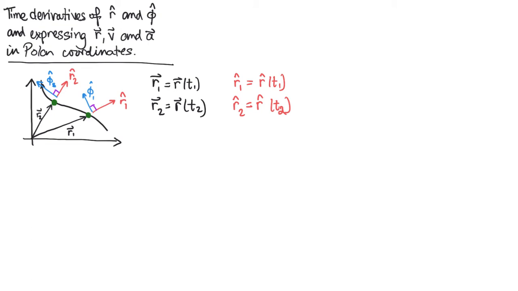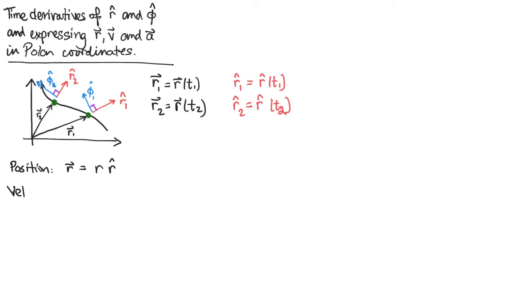So how does this all relate to time derivatives of unit vectors? Well, recall that we had position in 2D polar coordinates we could write as a distance from the origin multiplied by a direction.